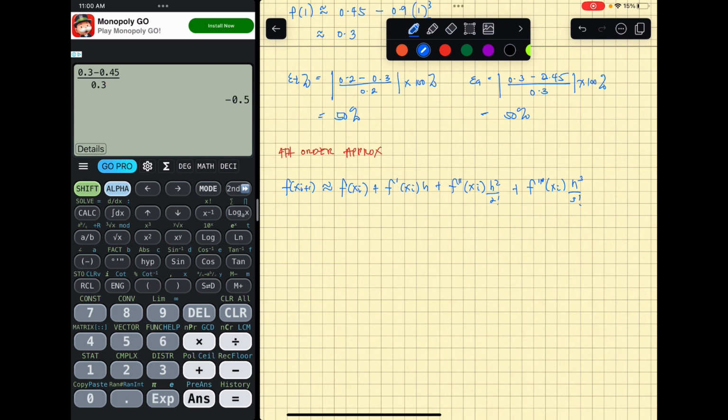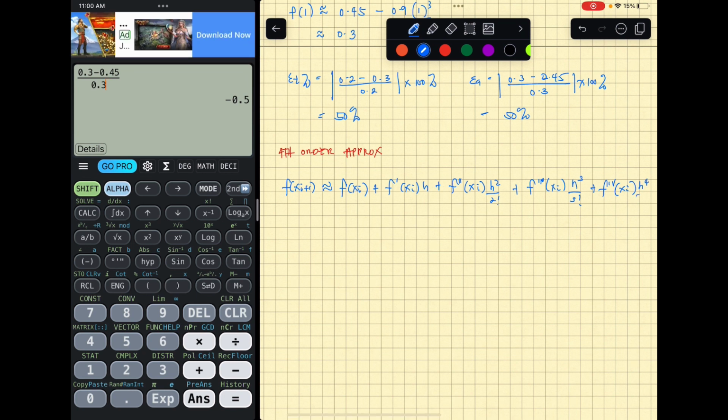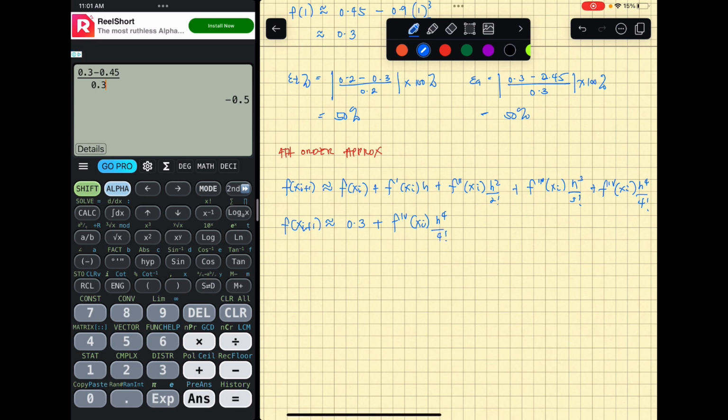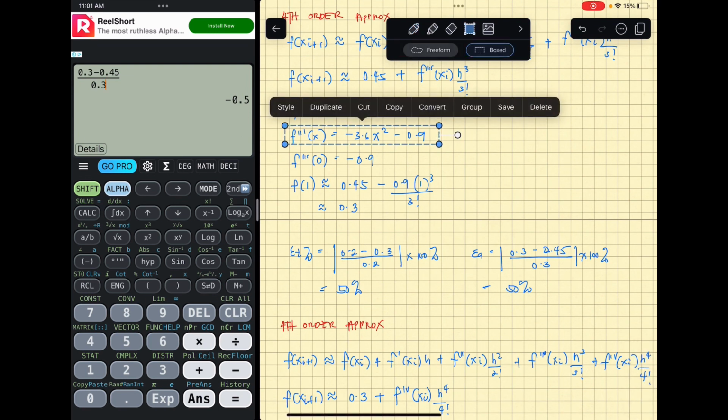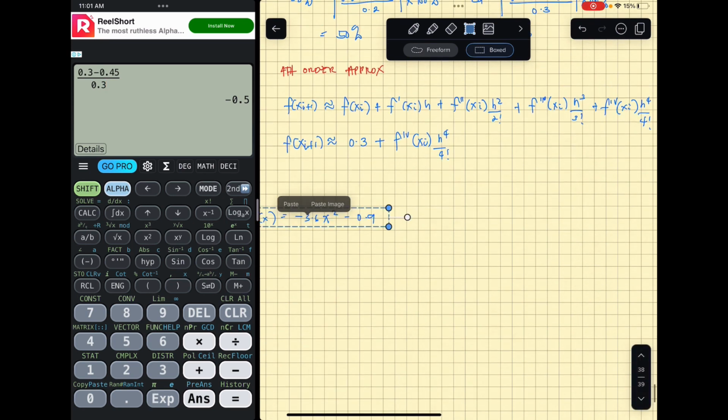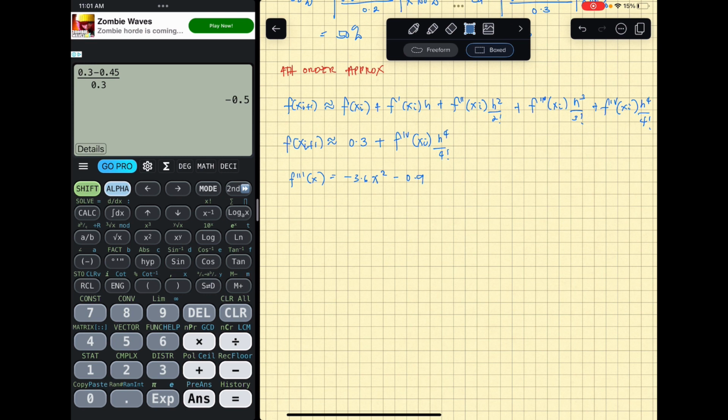And then lastly, f fourth prime of x sub i h to the fourth over 4 factorial. It is approximately 0.3 plus f fourth prime of x sub i h to the fourth over 4 factorial. And then what we have here is the third derivative. So we get the fourth derivative of x.